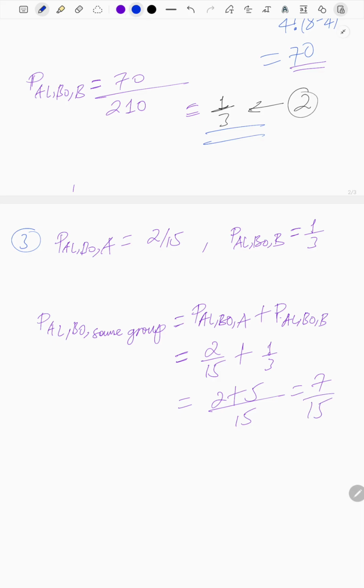So this is the required probability for the certification.